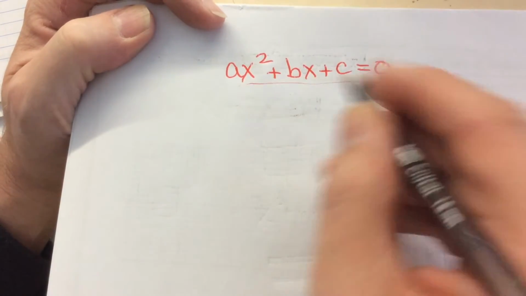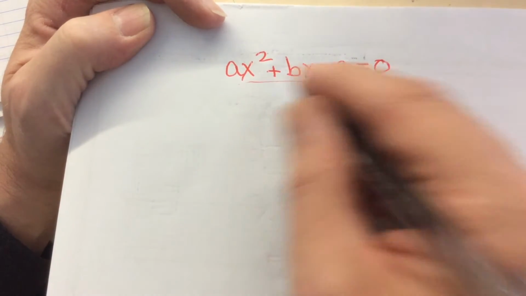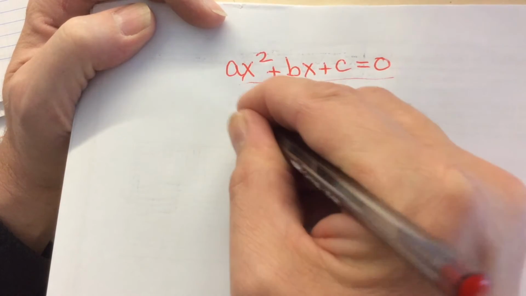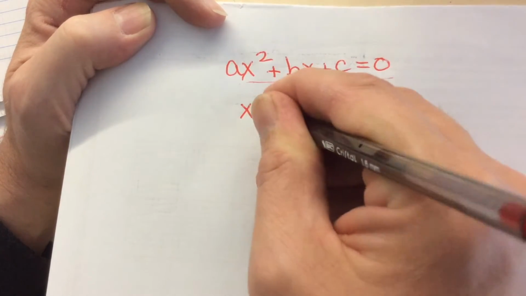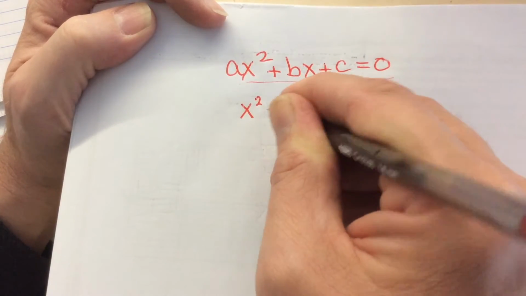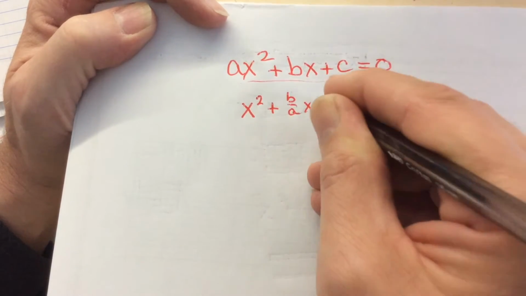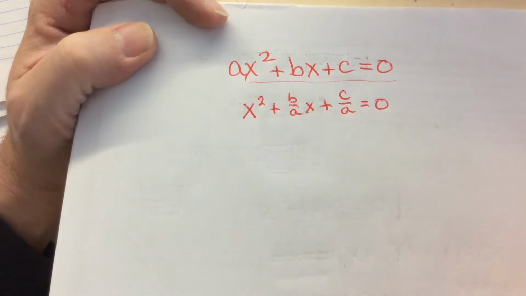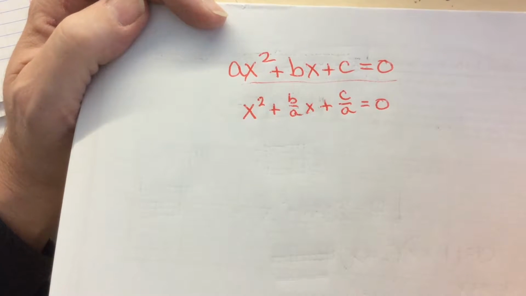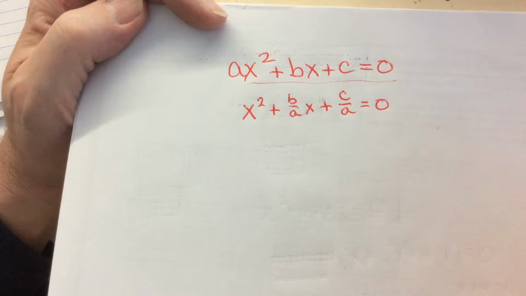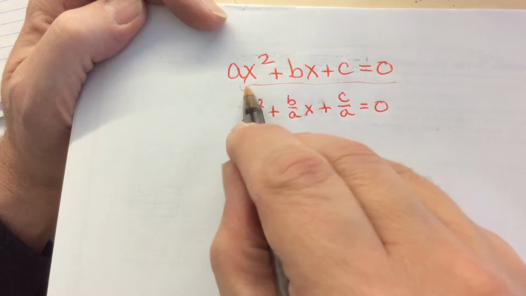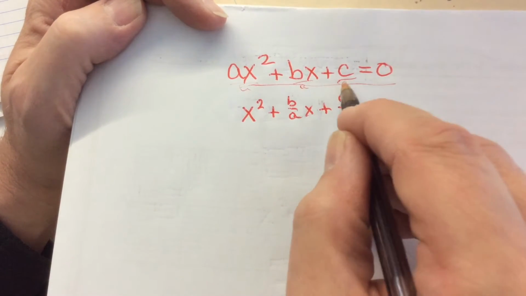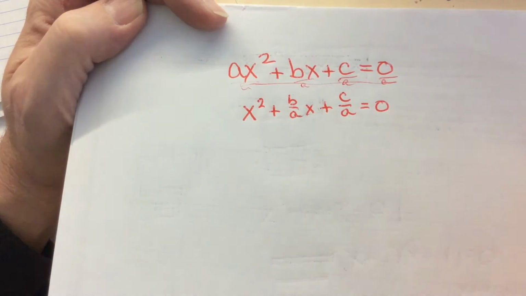Now, if I divide all the way through by a, I would get x squared plus b over a times x plus c over a is equal to 0. Everybody understand what I just did? Divided this by a, and this by a, and this by a, and this by a. All right.